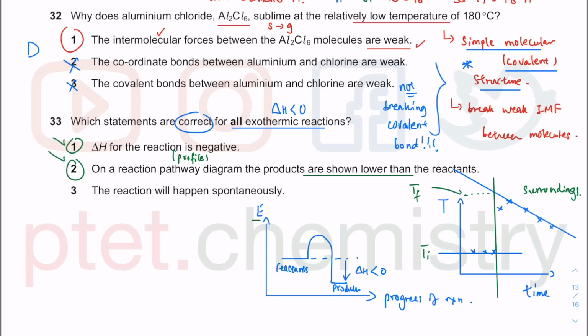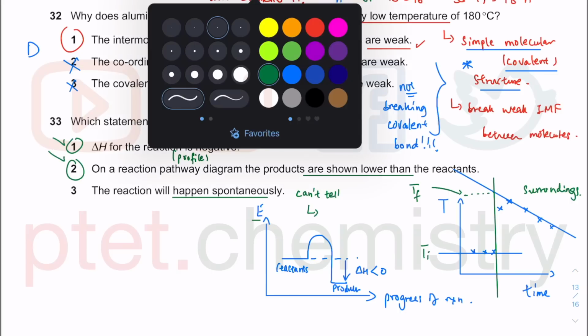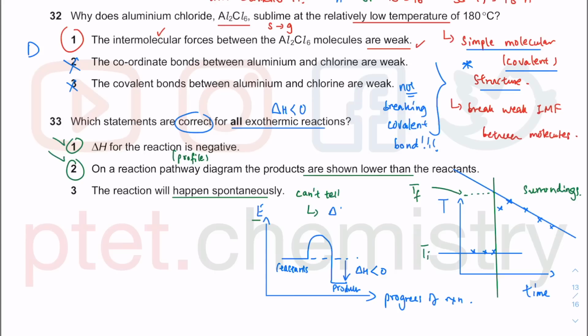The reaction will happen spontaneously. You can't tell because this is actually an A2 concept. I don't know why they ask you in AS, but spontaneous reactions are when delta G is less than 0. Delta G is not delta H. This is called the Gibbs free energy change.